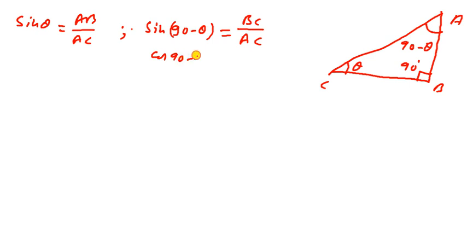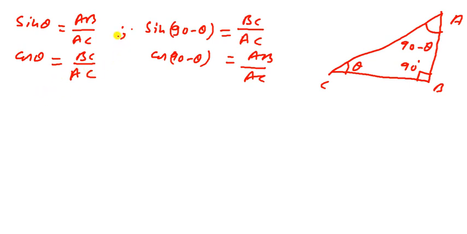But in case of sin 90 minus theta, it is BC upon AC, and cos 90 minus theta is also AB upon AC, and here cos theta is equal to BC upon AC, because base upon hypotenuse.